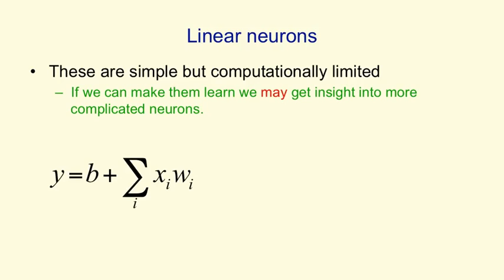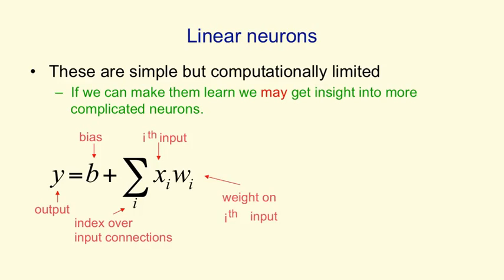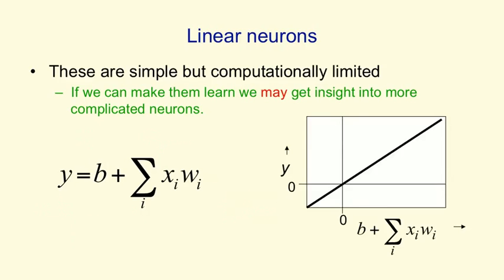So in a linear neuron, the output y is a function of a bias of the neuron, B, and the sum over all its incoming connections of the activity on an input line times the weight on that line. That's the synaptic weight on the input line. And if we plot that as a curve, with the bias plus the weighted activities on the input lines on the x-axis, we get a straight line that goes through 0.